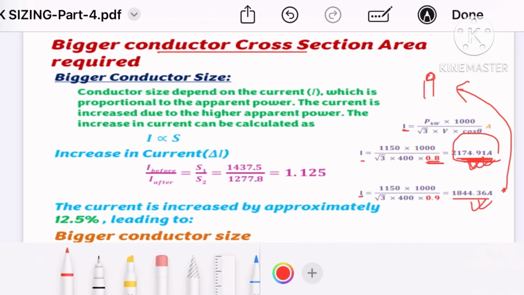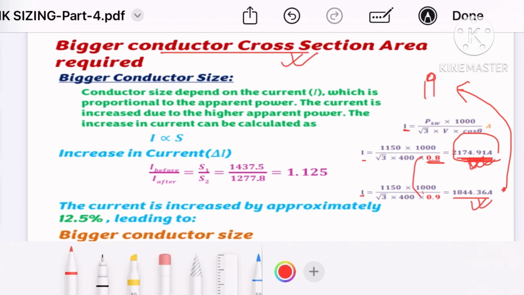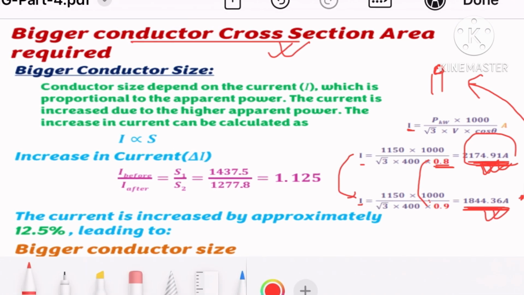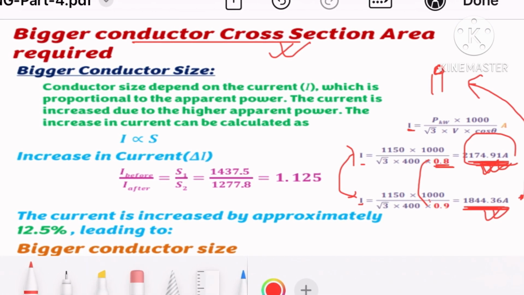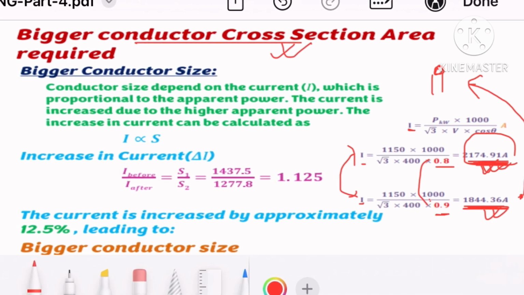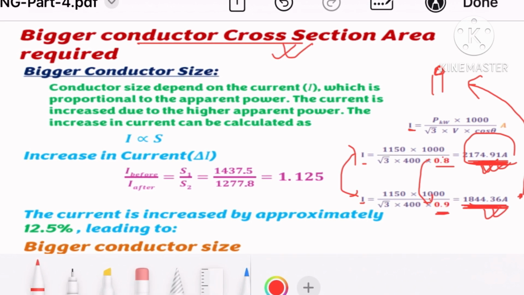And when I introduce the capacitor bank in the system, the power factor improves from 0.8 to 0.9. I took the same example in all the cases. So the current requirement in the system is now 1844.36 ampere. So what we observe in both cases is that when the power factor is poor, the current requirement in the system is more, and when we improve the power factor from 0.8 to 0.9, the requirement of current is reduced.